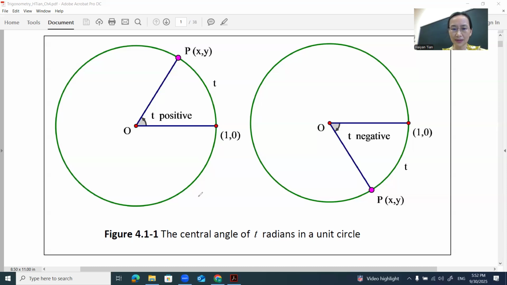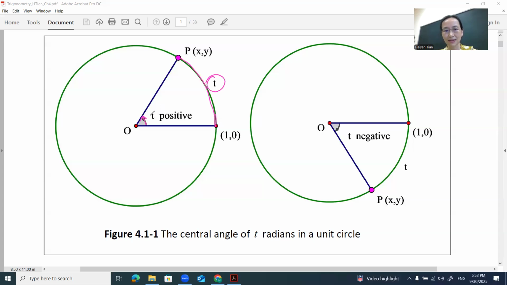So that simplifies the matter, because whatever this arc length is, it is the same as the angle measure in radians. So that's the same number. Suppose we have a positive angle T in radians, then for this arc length we can just adopt the same number.